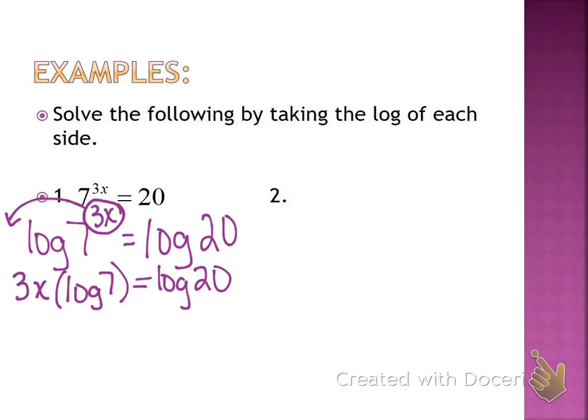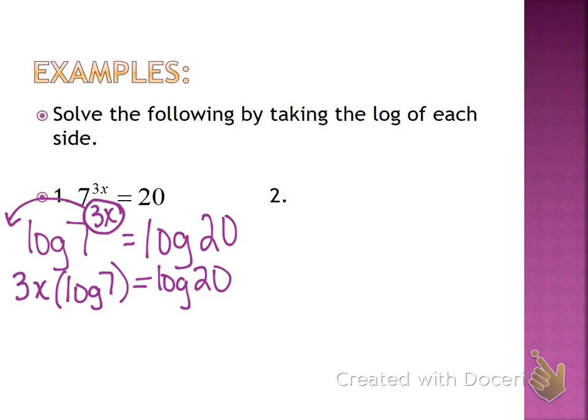So we can't forget those rules that we learned before. Now our goal is going to be to get x by itself. If you think it'll help, you can go ahead and evaluate the log of 20 and the log of 7. Or we can go ahead and start trying to get x alone. What do you want to do?